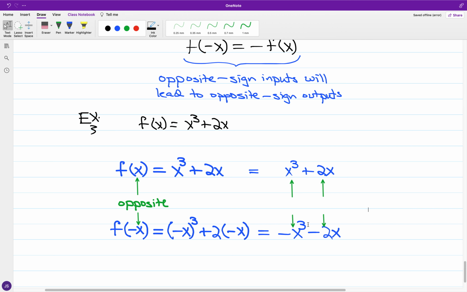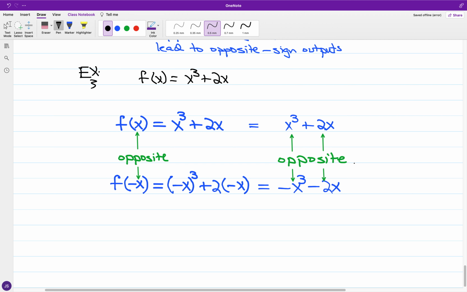But now for f of negative x, we have a negative x cubed and a negative 2x. So throughout, we have opposite sign inputs leading to opposite sign outputs. So for additive inverse inputs, if the outputs have all the terms to be polar opposites, positive in one, negative in the other, then that means that f of x equals x cubed plus 2x is going to be an odd function.